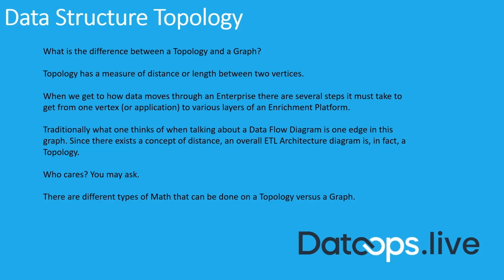And then there's a whole other process where you have to do something from the staging area to your proper enrichment platform, whether that be transformation, creating a data vault model, populating a data vault model, populating a dimensional model, what have you. So you can think of an ETL architecture in a lot of ways as a data structure topology, whereas a data model is more of a data structure graph.